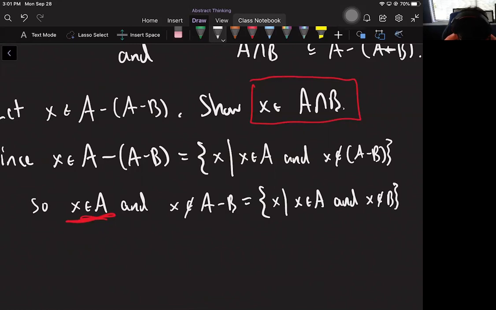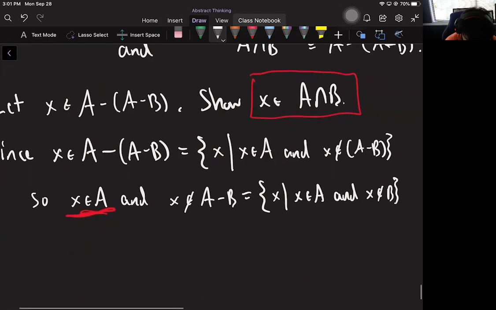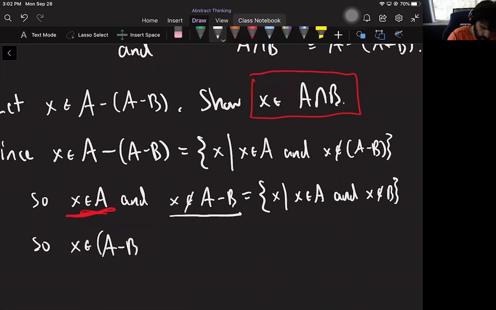So that's what A minus B is. But if X is not in there, what does that mean? That means it's in its complement. So it's in here instead.